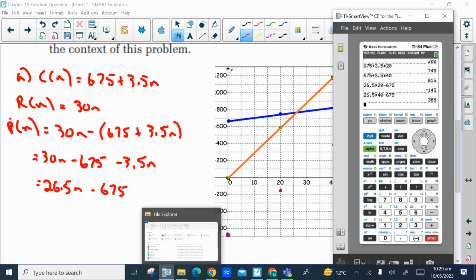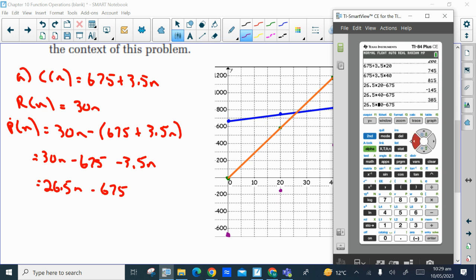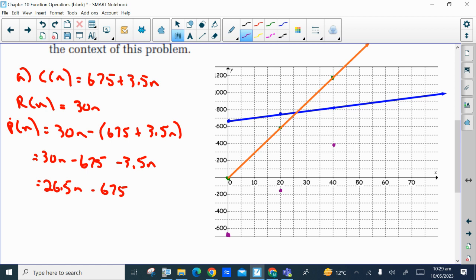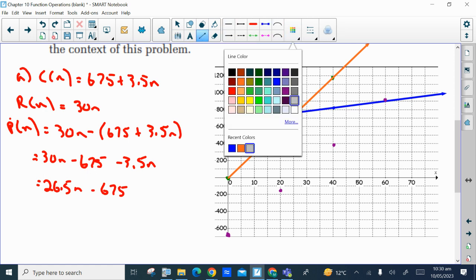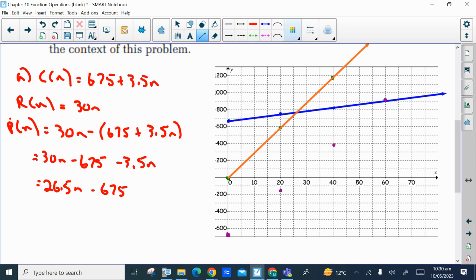Let's do 60. 915. 60 comma 915, just above 900. Right? So there's that graph.